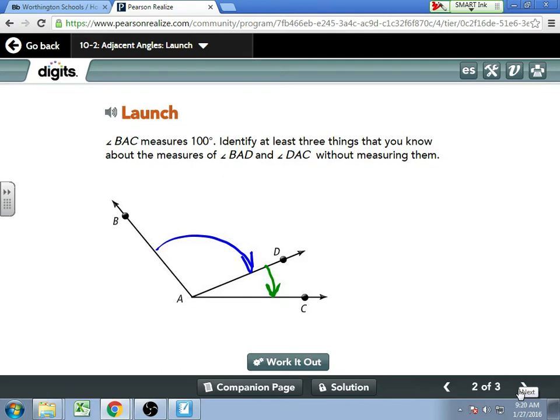If we talk about the big angle, that is not adjacent to anything because it's the big angle. It would need to be beside something. So blue is adjacent to green. Nothing's adjacent to red because they're inside of it. That makes sense? Cool.